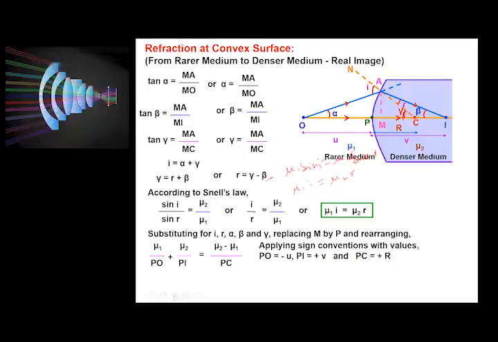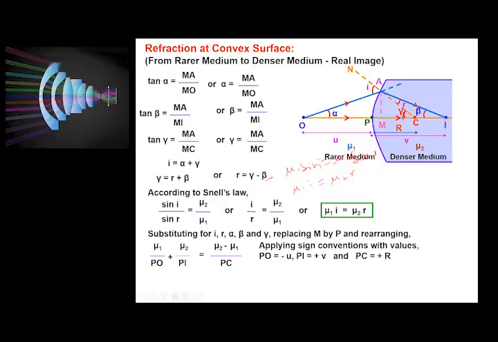After that, we consider the sign convention. The object is on the left side of P, which is opposite to the direction of the incident ray. That should be taken as negative, and the other distances should be taken as positive. So PO is minus u, PI is positive, and PC is also positive.